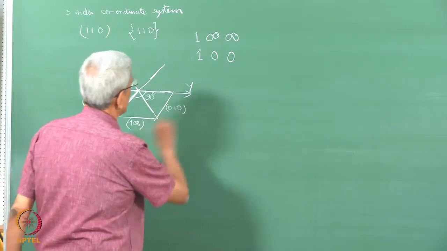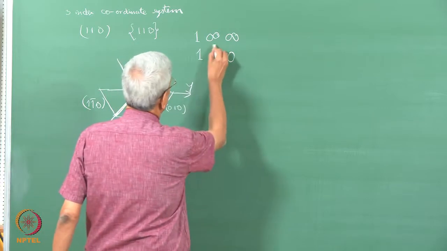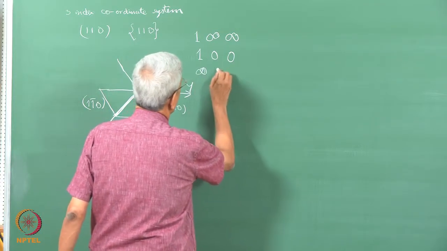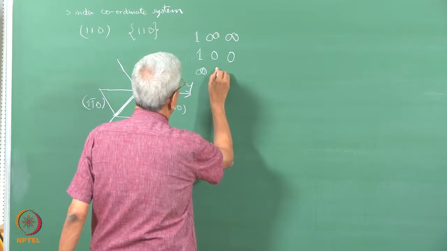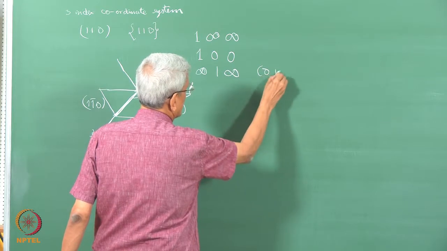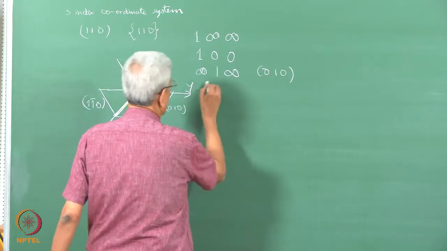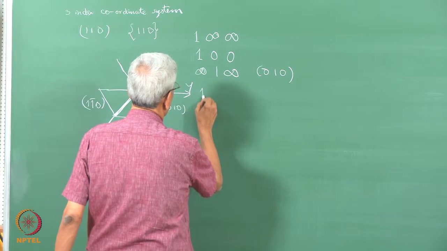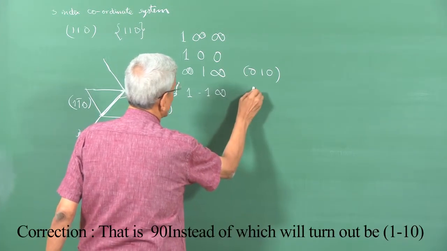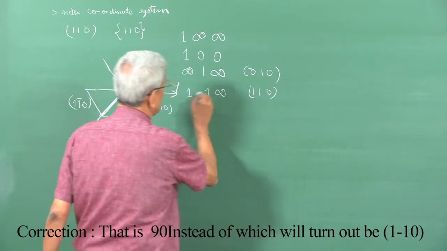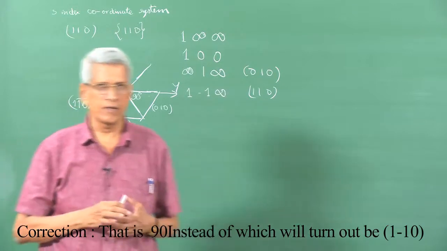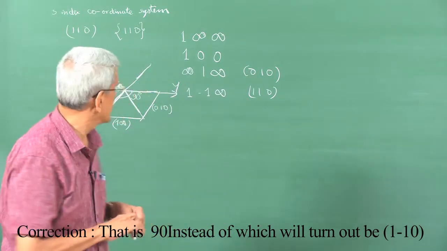Then with respect to 010, it will be infinity, 1, infinity, for which it will turn out to be 010, correct. And here it will be 1, minus 1, infinity, which will turn out to be 110. This is what we call the Miller indices, correct.